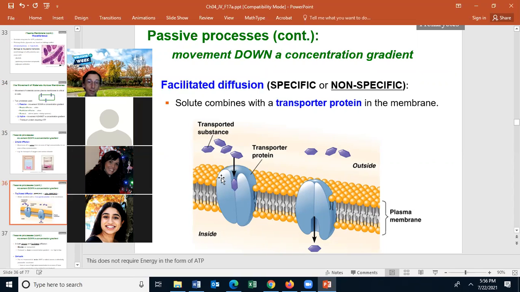But the molecule is still moving by the laws of diffusion. In the case of fructose, it moves into the cell by facilitated diffusion, from areas of high concentration to areas of low concentration. Once the fructose concentration inside the cell equals the fructose concentration outside the cell, you will get no net movement of fructose into the cell.